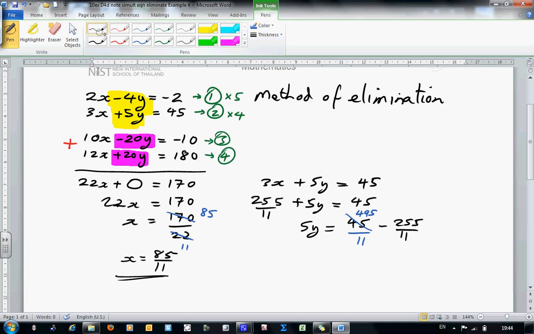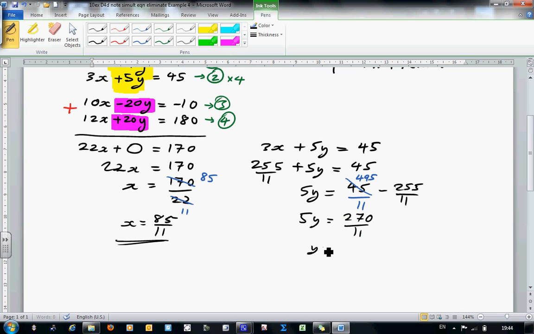And that will leave us y is 270 over 55. 5 into that goes 11, 5s into that goes 5, 5 is 25, so 54. So I end up with y is 54 over 11. My first thought is that it's quite nasty in terms of the two solutions for x and y. So I'm going to check those.